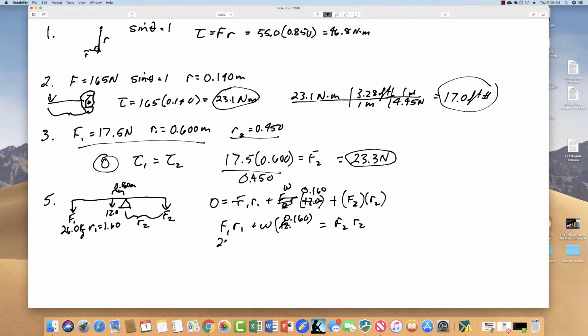So you can say 26.0 times 1.60, plus 12.0 times 0.160 is equal to the larger child's mass, 32.0 kilograms, times R2. If you do the math here, add these two together and then divide by 32, R2 comes out to be 1.36 meters from the pivot.